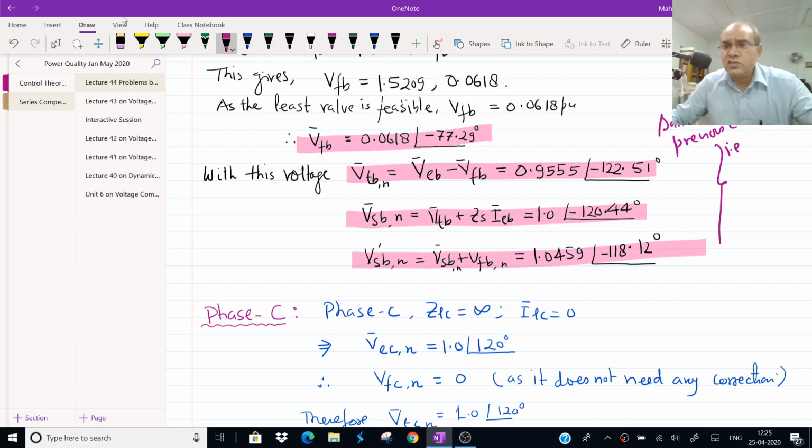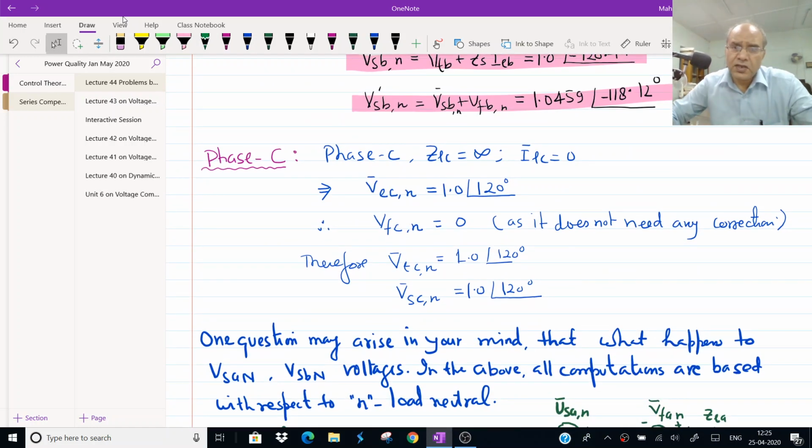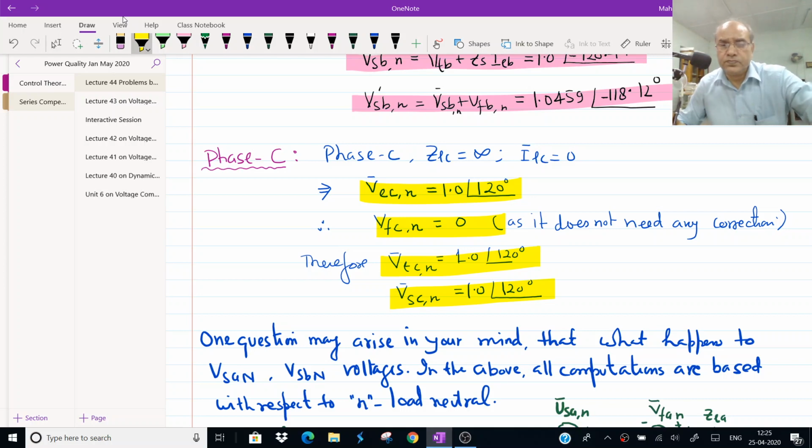That is 3-phase 4-wire system. And phase C is also the same because current is 0, and therefore the BSC and BLN is 1.0, BFC is 0, and BTC is the same as 1.0, and BSC is the same as 1.0.